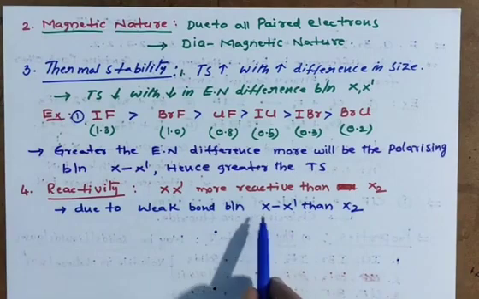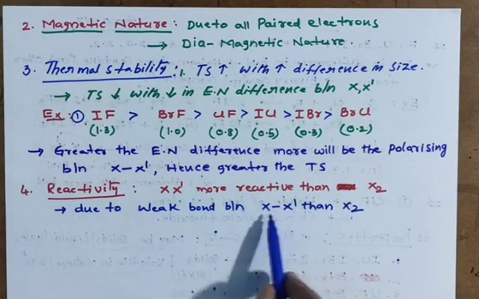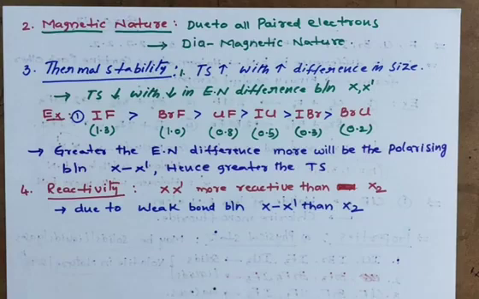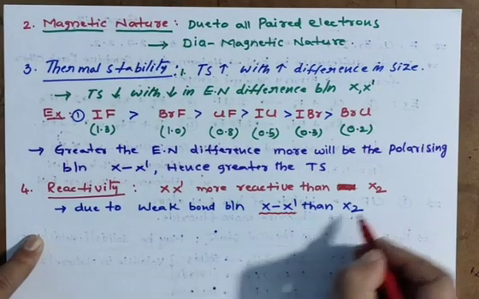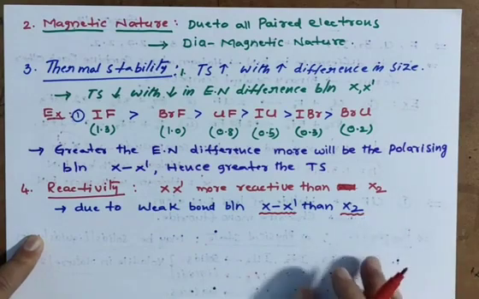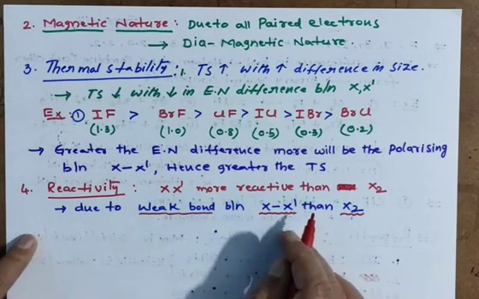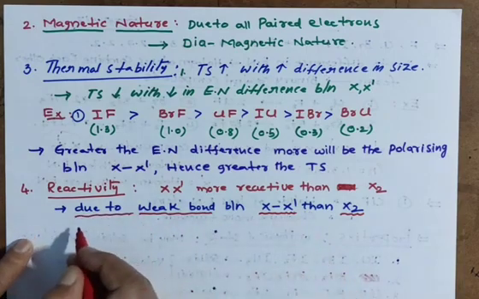Bond strength is less here because there is an electronegativity difference. Here, in X2, same electronegativity. So XX dash compounds are more reactive than X2 because of the weak bond between X and X dash. This is the reason. Clear?